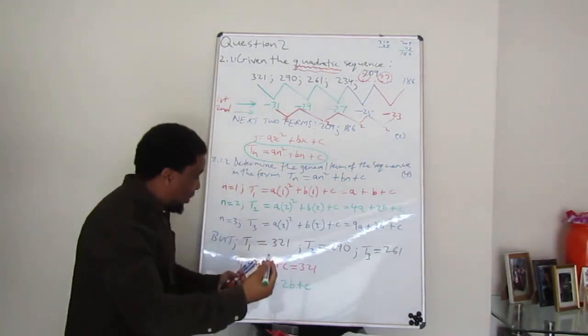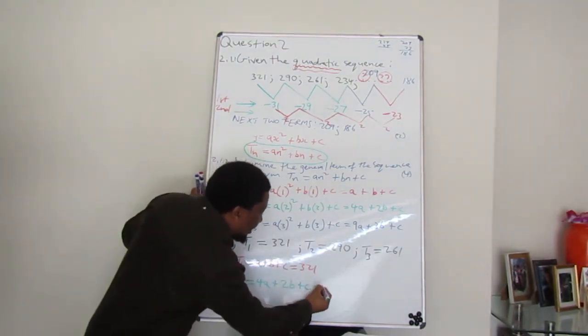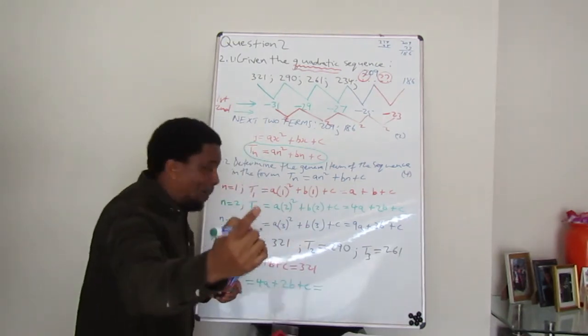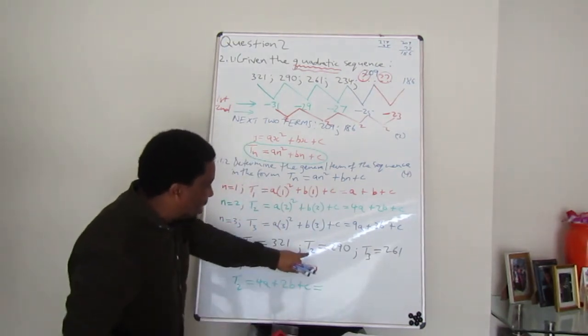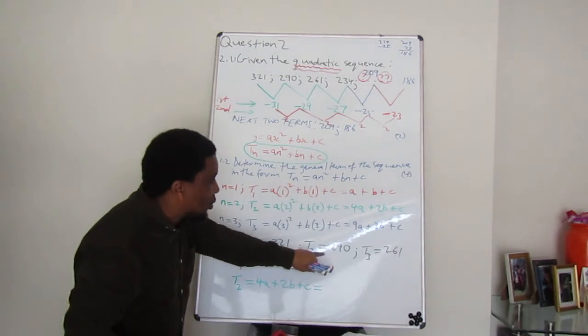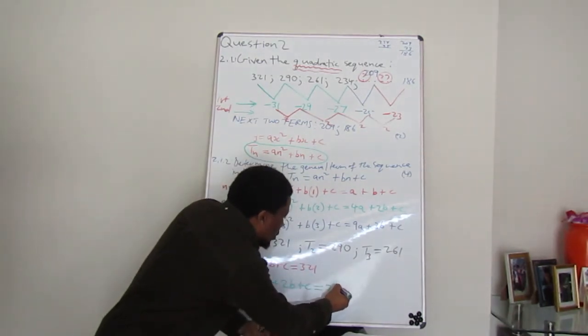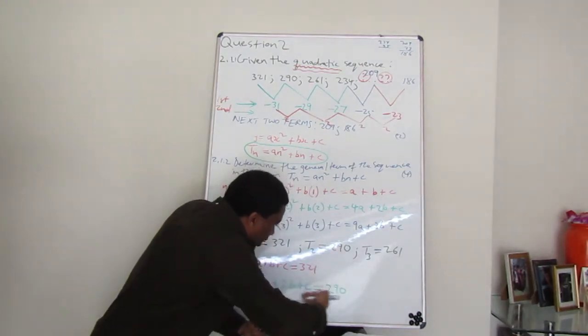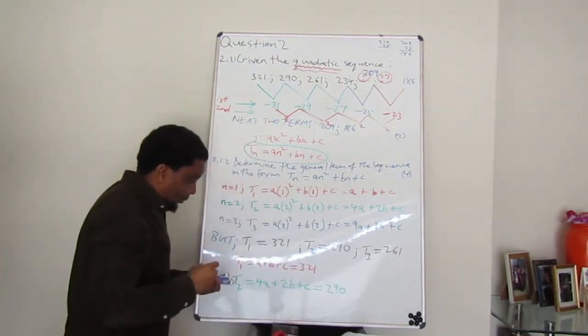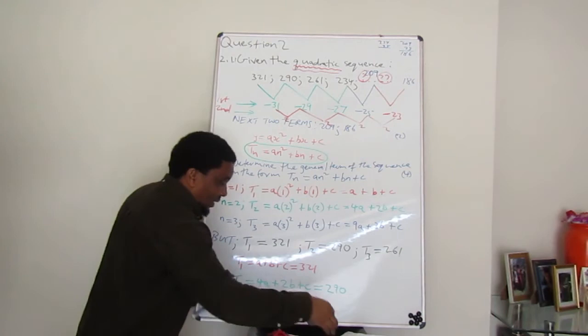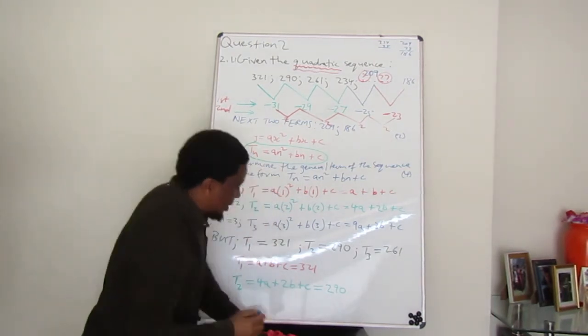That is beautiful. But here we are saying what? Term 2 is equal to what? 290. We equate it to 290 now. I love this.